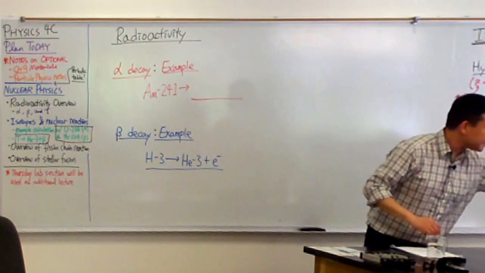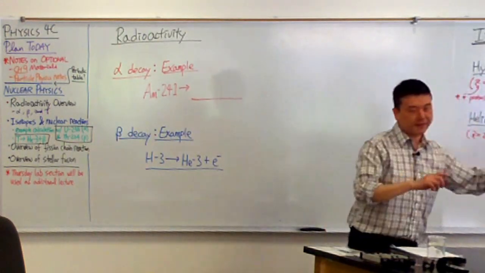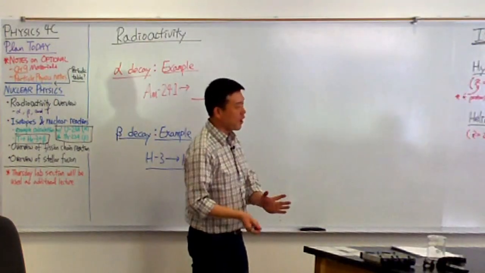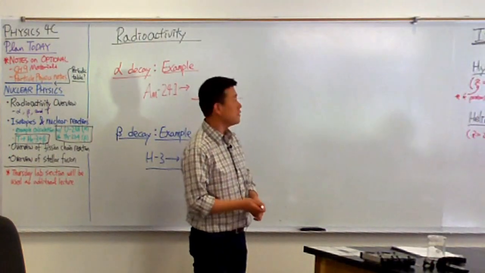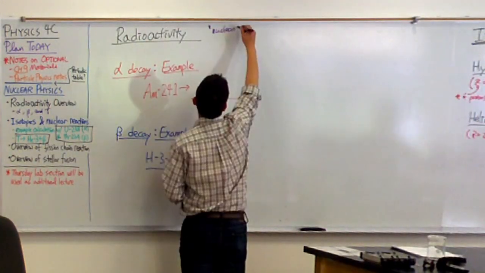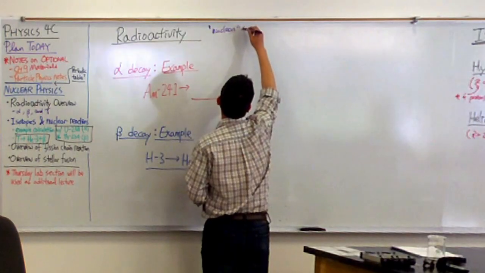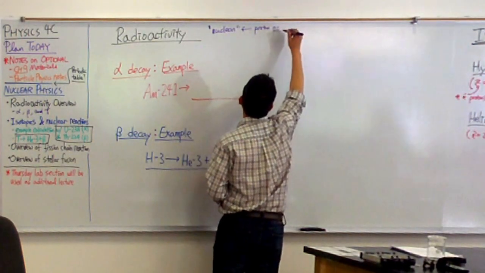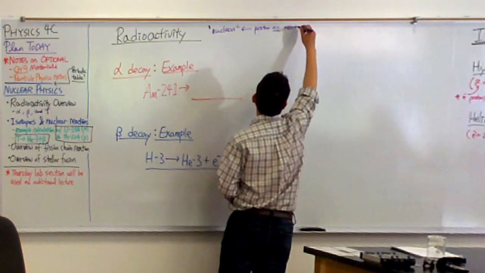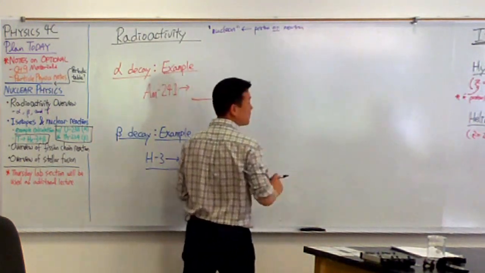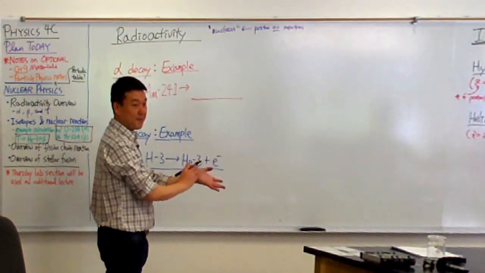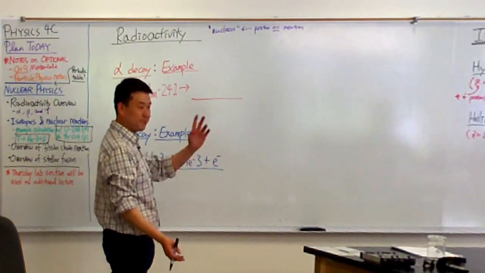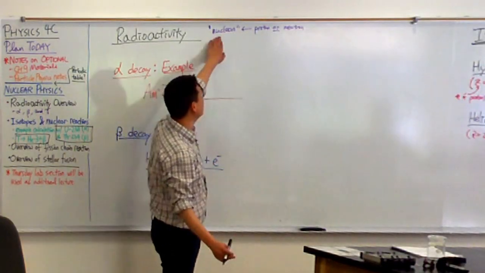So I guess this is how you can look at it. I think I can tell you this. There's a conservation law of nucleons. Nucleon is the word used to refer to either a proton or a neutron. So if you want to talk about a particle that's in the atomic nucleus, but you don't want to be specific about whether it's a proton or neutron, you call it a nucleon.